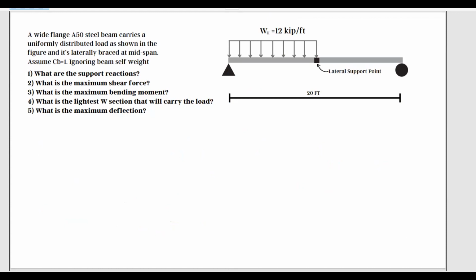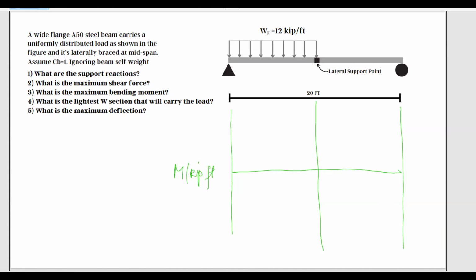So now I have a clean page. I'm going to prepare to draw the bending moment diagram. I'm going to draw this line in the middle. Let's see, moment diagram. This is in kip-feet.